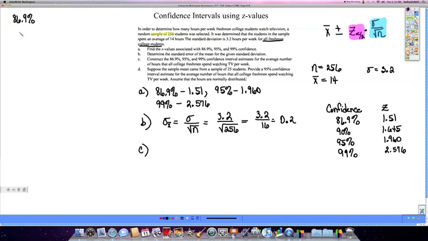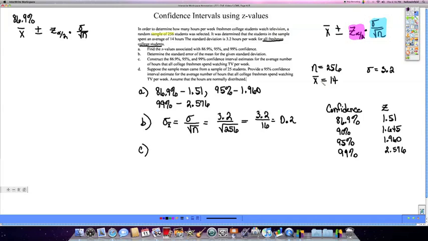We are essentially going to take our sample mean, and we are going to add and subtract the z-score for 86.9 times the standard error of the mean.